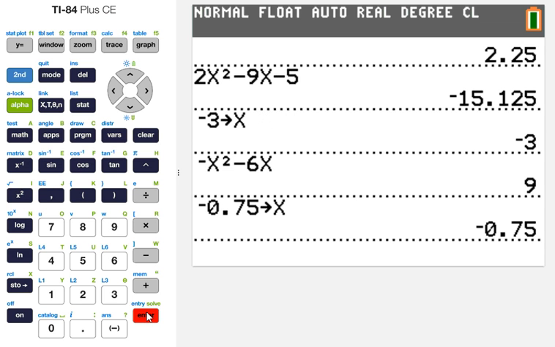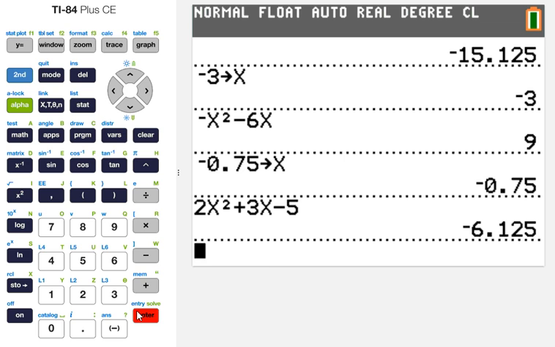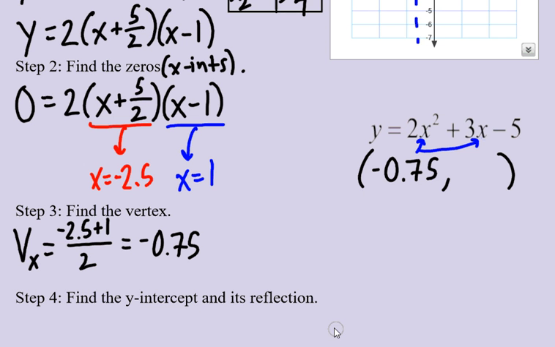And then I type in my equation, 2x squared plus 3x minus 5. All I'm doing is substituting that value in for x, so it returns the y value, and that gives me negative 6.125.